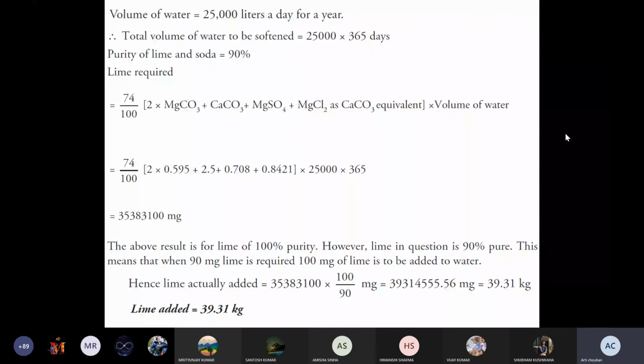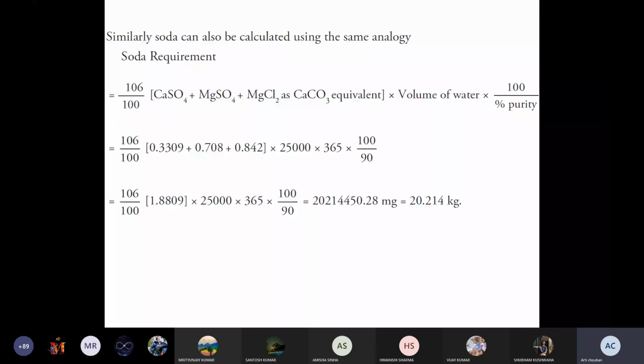So lime required will be multiplied by 100 over 90. Then only will you calculate the actual lime requirement. After that, you will get the answer in milligram, convert it into kilogram, and the lime requirement can be calculated. Similarly, soda can be calculated using the same analogy, and the soda requirement will be 20.214 kilogram in this question.